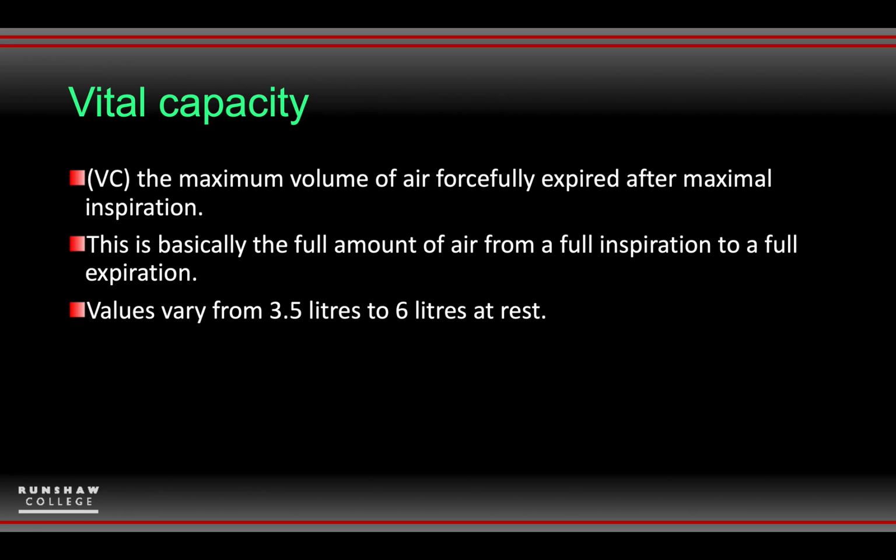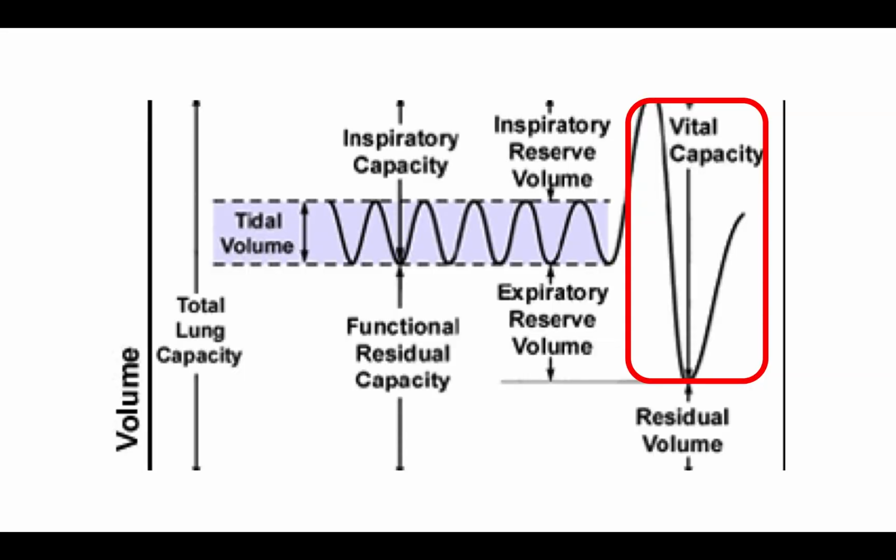And that will differ based on size, shape, gender, training history, training type. So obviously those endurance athletes will be tipping more towards the 6 litres instead of your strength athletes who don't necessarily rely on these types of lung capacities. All right, so that's one inspiration all the way down to the expiration.